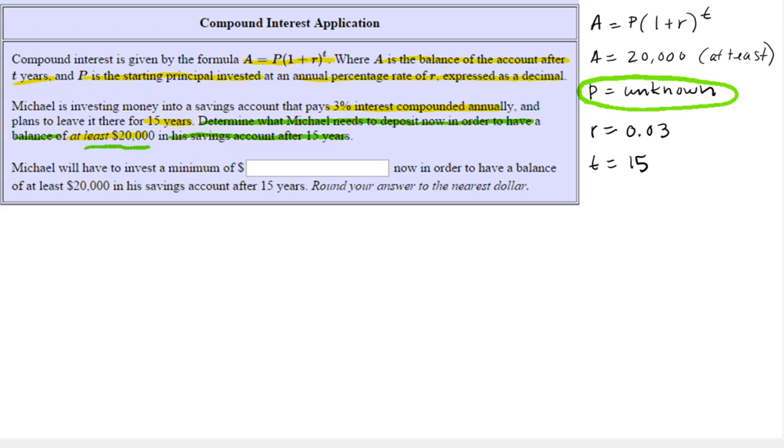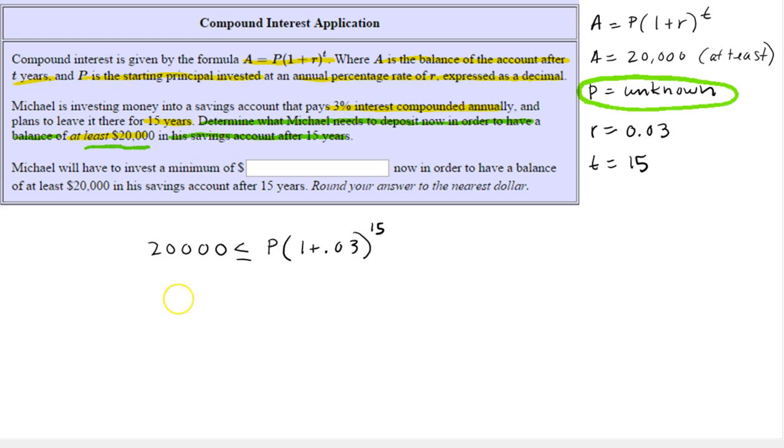So now let's fill in what we know. So we want the amount to be at least 20,000, so greater than or equal to, and we'll talk about that in a second, the principal, which we don't know, times 1 plus the interest rate, 1 plus 0.03, raised to the 15th.